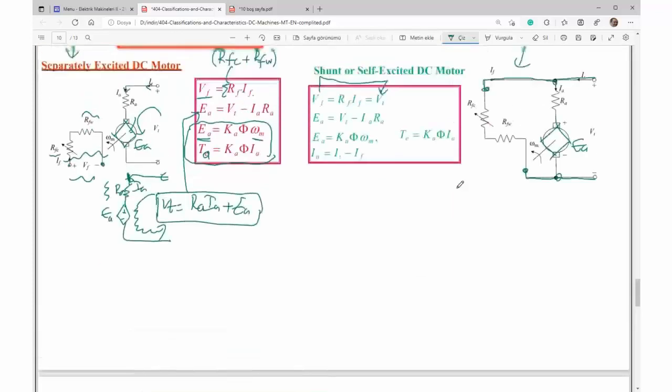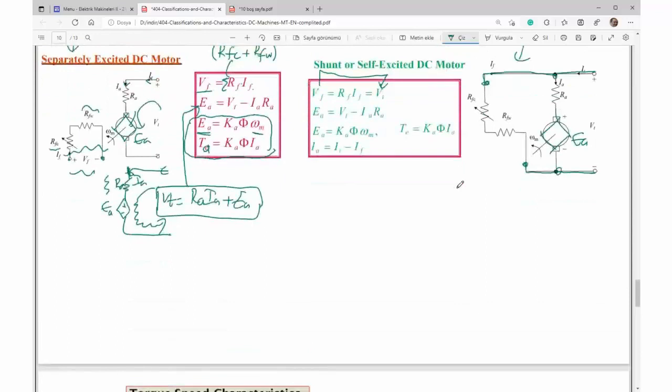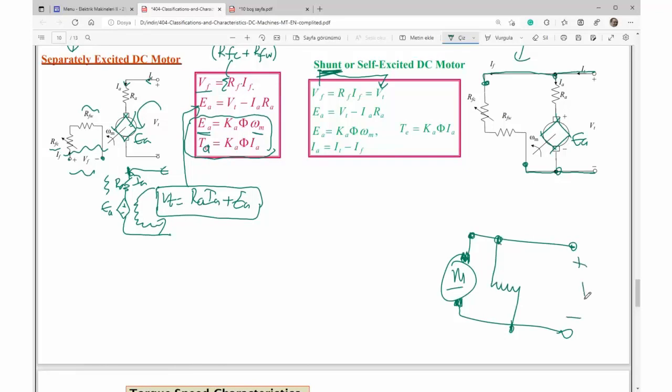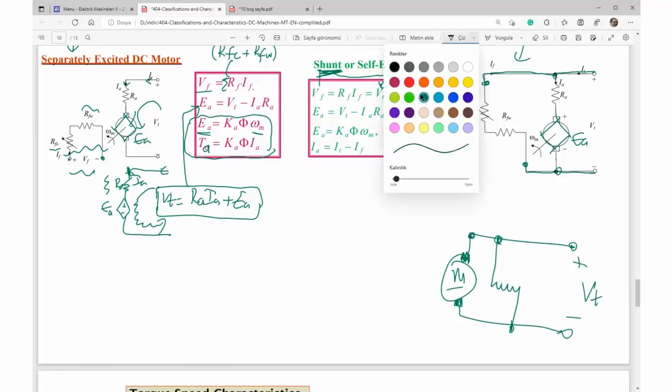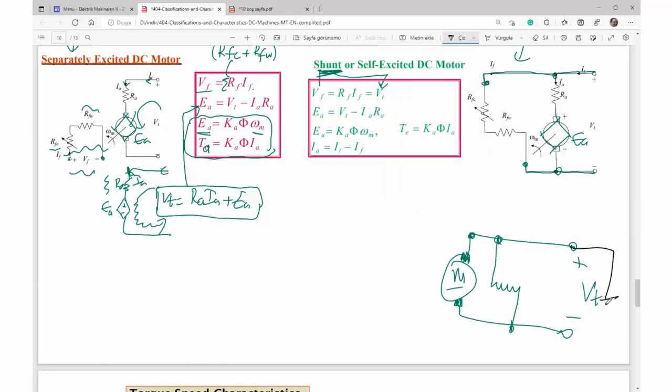There is nothing new. Here, this is the machine operated as motor, and it is said that it is shunt. Okay, here's the shunt winding. That's it. Here are the electrical terminals. You apply some electric power from the terminal, for example, by using some batteries.